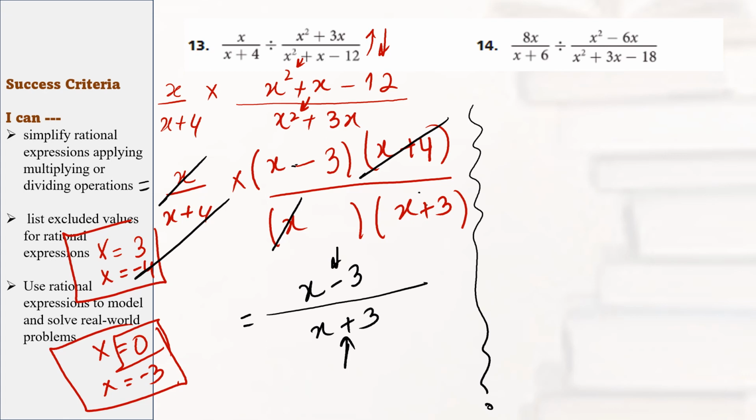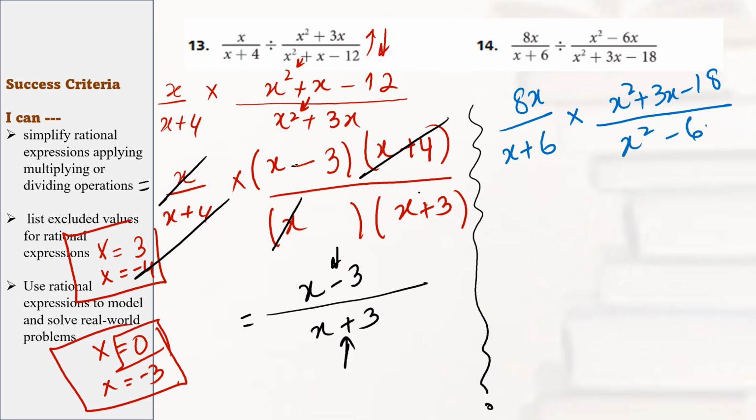Let's try to solve the other question. So 8x already simplified, x plus 6 already simplified. Division changes into multiplication. X square plus 3x minus 18, you will write it in the numerator, and x square minus 6x you will write in the denominator.